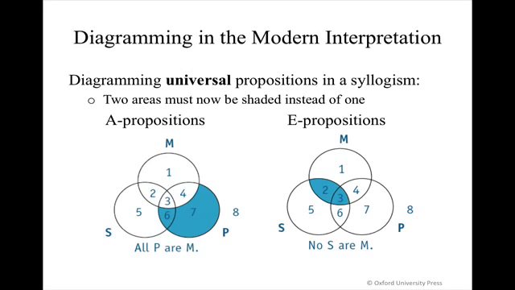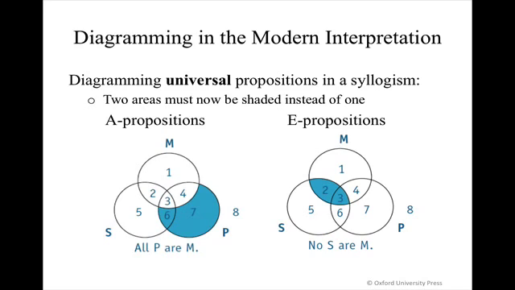Because we're told no S are M, and S is the subject of the conclusion, which designates the minor term, and the minor term goes in the minor premise. Here, then, areas 2 and 3 are shaded to show us that we're dealing with the mutually exclusive relationship between S and M.